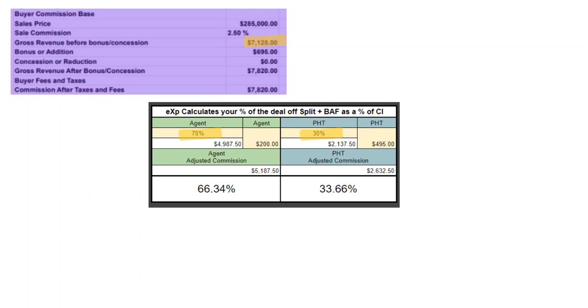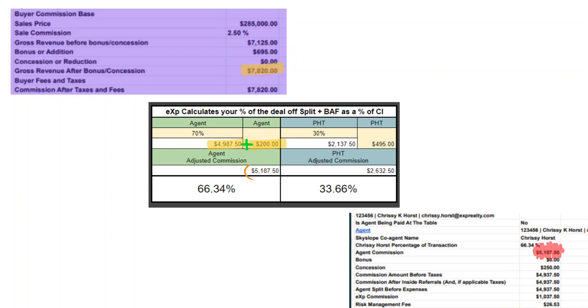So let's take a look. What the team does is they take that 2.5% minus any referrals, and then they're going to split it 70-30, which gives us these numbers right here. But what EXP does is they add in the broker admin fee, and the way that's broken out, before they calculate that percentage or that split.